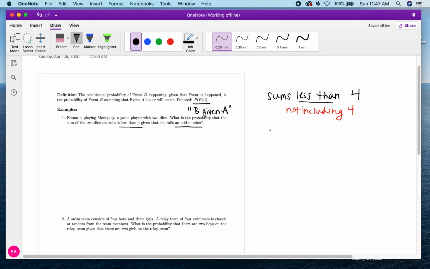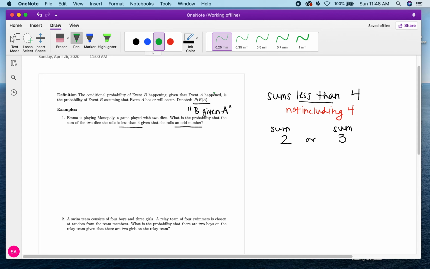So the different sums we can actually roll are, well, we can't get a sum of 1, right? Because any two dice that we roll, the lowest numbers we could get are 1s, and 1 plus 1 is 2. So we can roll a sum of 2, or we could roll a sum of 3. Those are the two sums lower than 4.